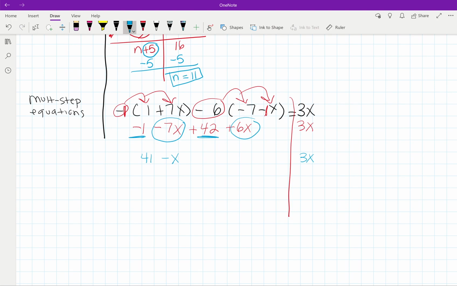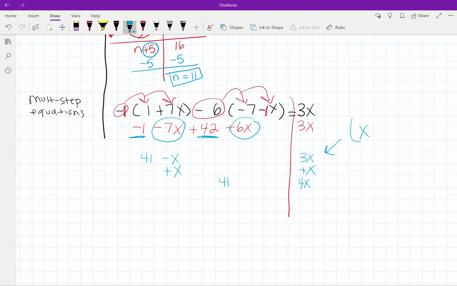So our next step is to get x by itself. But notice that on this side we have x's right here. So what I'm going to do is move all my x's over to this side. So I have plus x, and I'm left with 41 is equal to 4x.